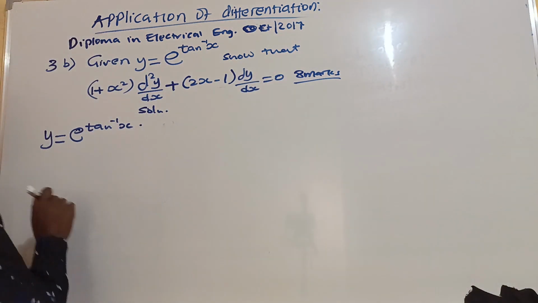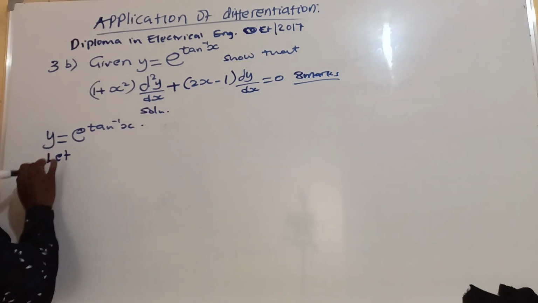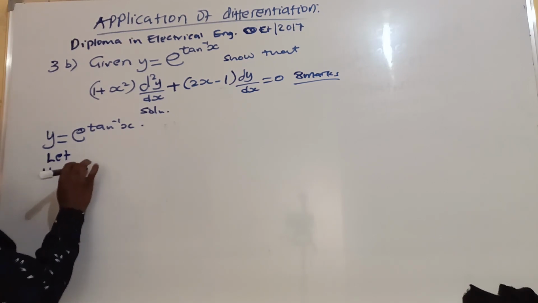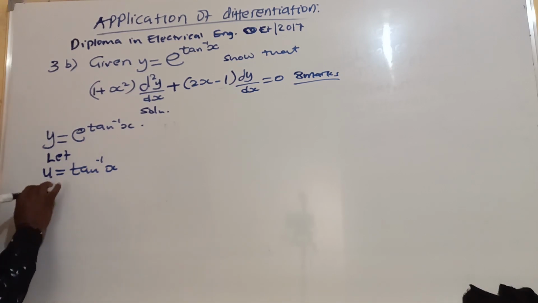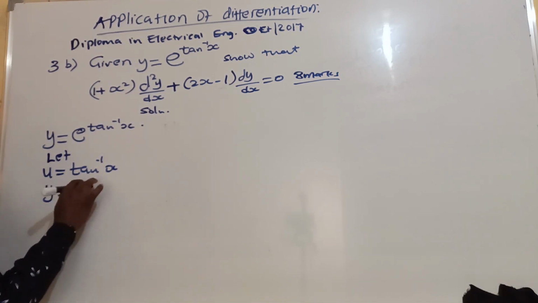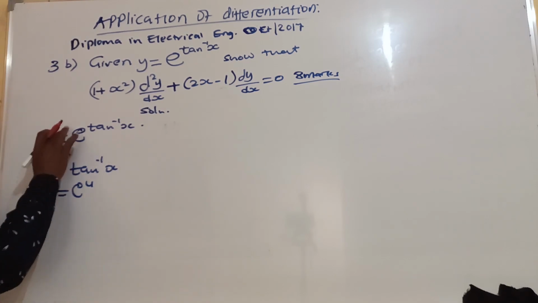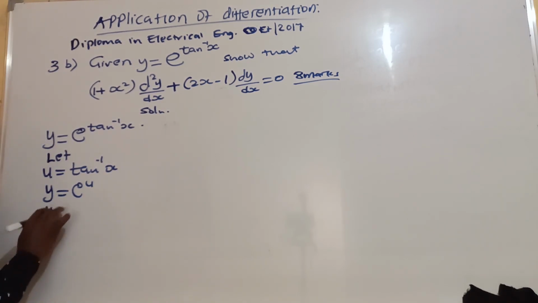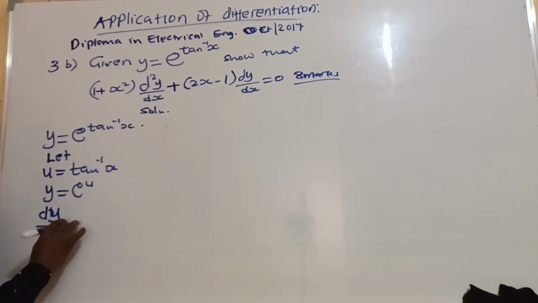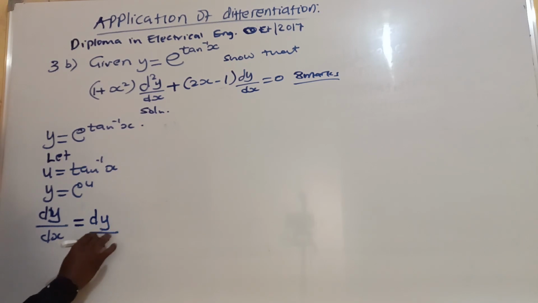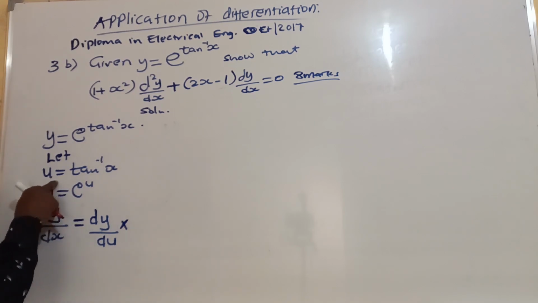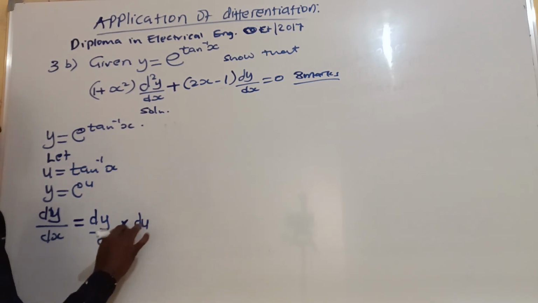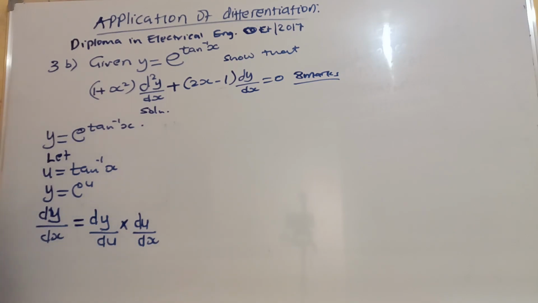Now, here if we say u is tan inverse x, we call this the inner function, then y will be exponential u. The derivative of y with respect to x will be the derivative of y with respect to u, the derivative of the outer function, times the derivative of the inner function, which is the derivative of u with respect to x.